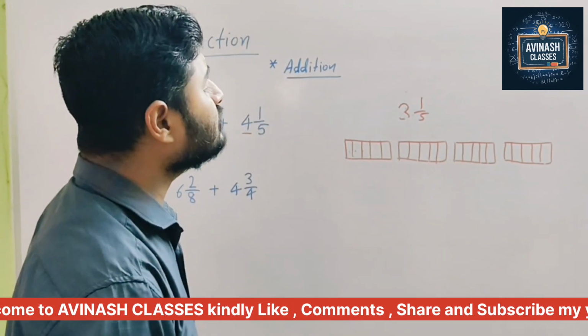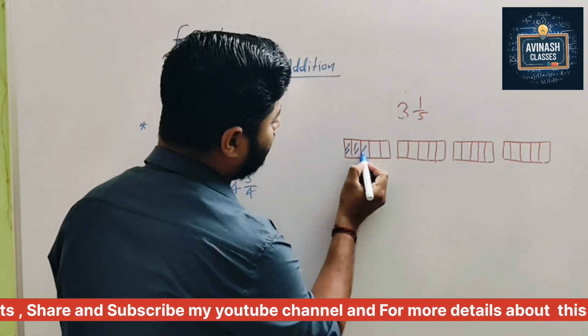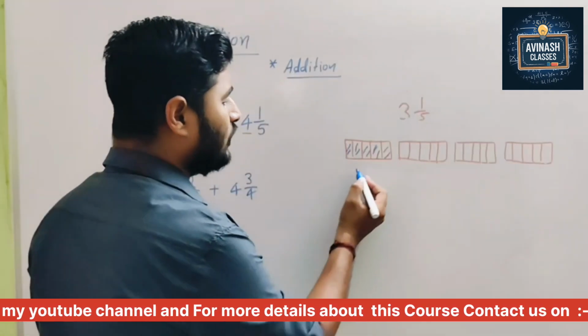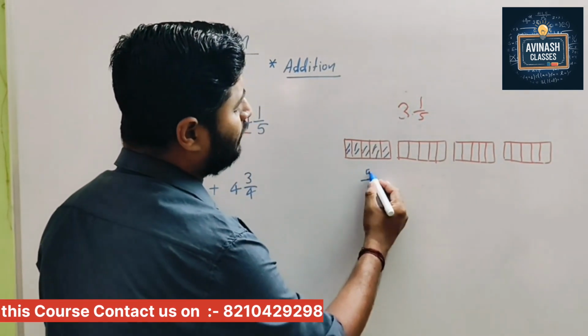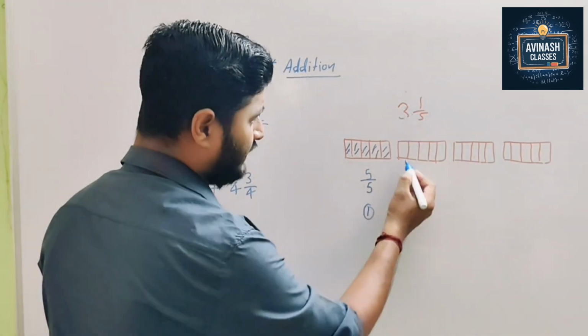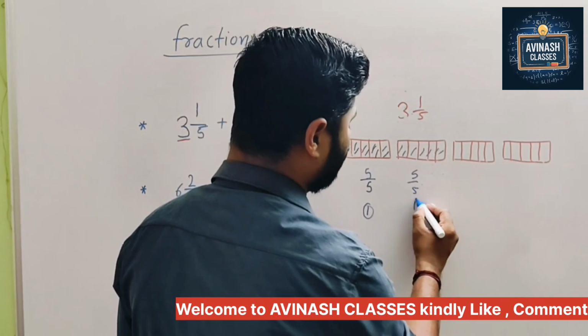Here 3 means all are filled. Suppose this is filled, this is filled, this is filled, this is filled, this is filled. So when we write, total is 5 and 5 is filled. So 5 by 5 equals 1. Here again the same, 1, 2, 3, 4, 5. 5 by 5, so that becomes the whole number 1.